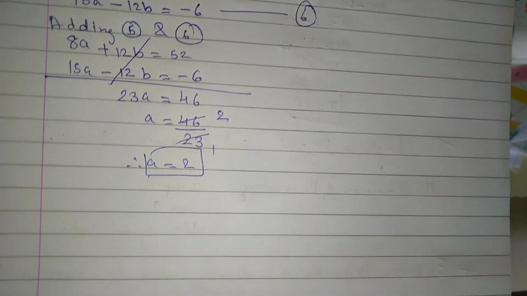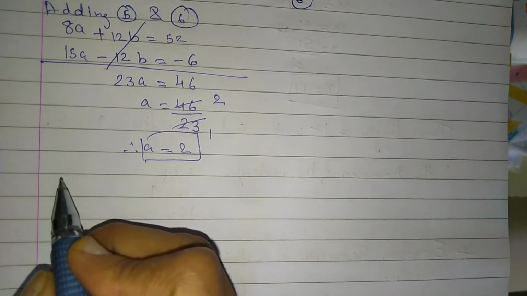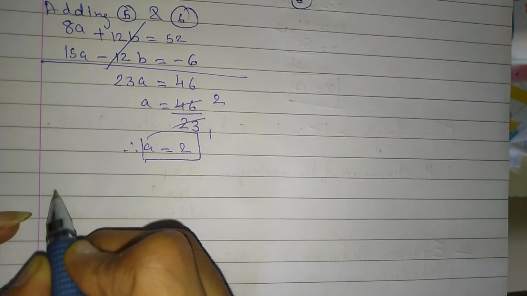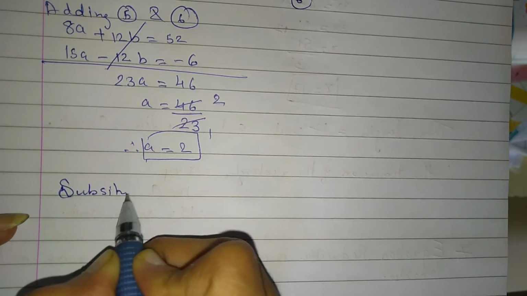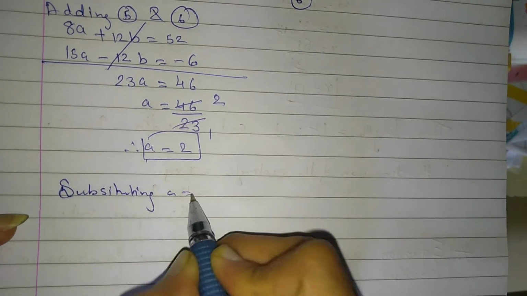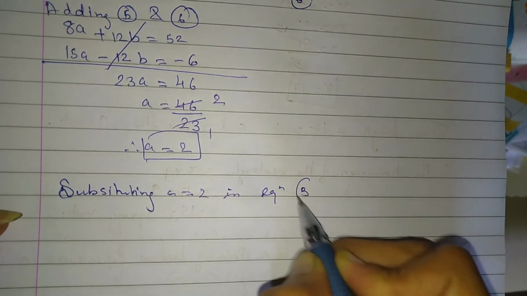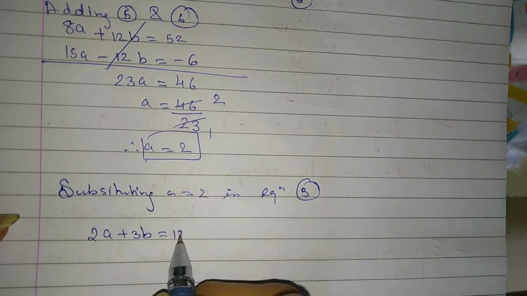Now we have to find the value of b. So substituting a equal to 2 in equation 3. Equation 3 is 2a plus 3b equal to 13.